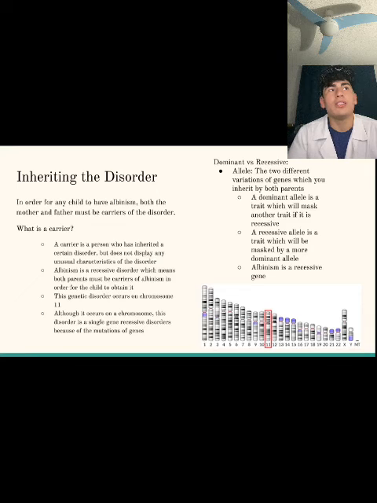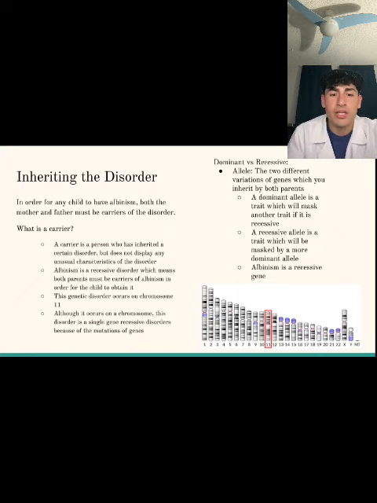And in this case, to inherit the disorder, both parents would have to be recessive, as it is a recessive disorder. And since you both are not carrying this disorder, your child will not have it. It appears on chromosome 11 when the genetic disorder does occur. And it is a recessive gene.